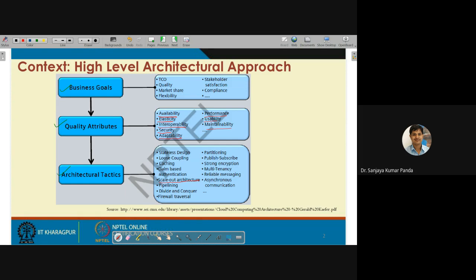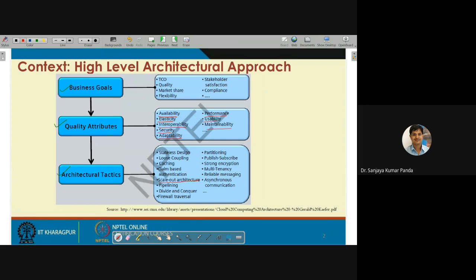We have divide and conquer, we have firewall traversal, we have partitioning, pub-sub model. I told you YouTube is an example of the pub-sub model or publish-subscribe model. You have to subscribe to the channels, and based upon that, any new content added by the provider will be notified to all the subscribers.